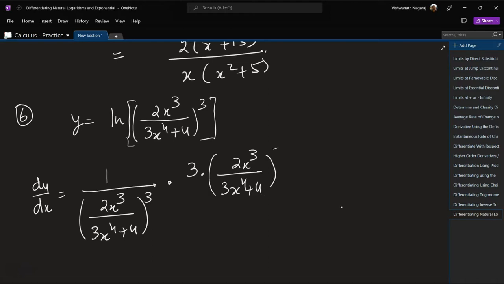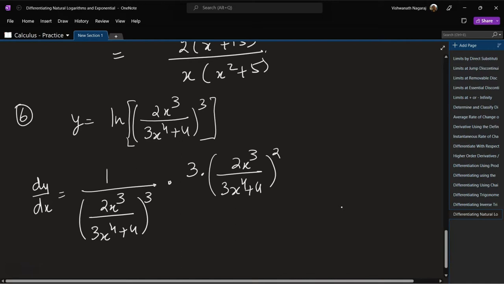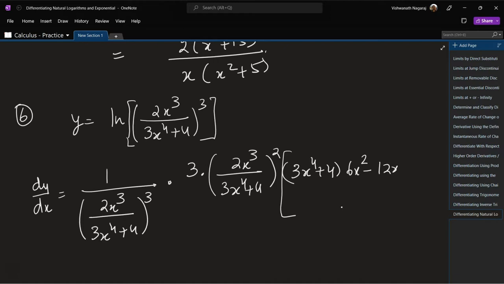This will be 3 minus 1, 2. And then the inner bracket. So quotient rule. So 3x^4 plus 4 times 6x square minus 12x cube times 2x cube divided by 3x^4 plus 4 square.